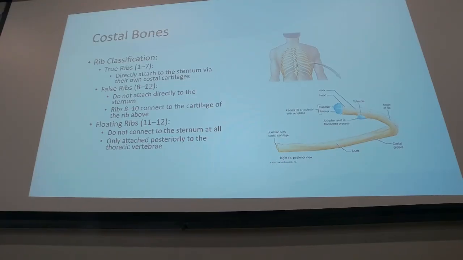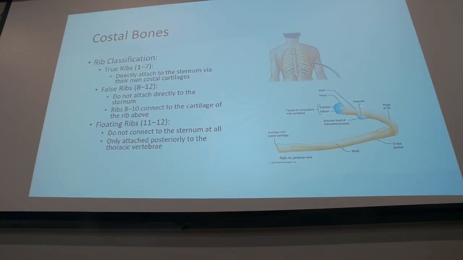For the ribs, the name again properly is costal bones. They have posteriorly the head, that has some facets, the superior and inferior facets, that articulate with the superior and inferior costal facets of the body of the vertebrae. And then this head will be followed by a constricted area that's called the neck. And then below the neck, we have a tubercle. This tubercle articulates with the transverse costal facet.